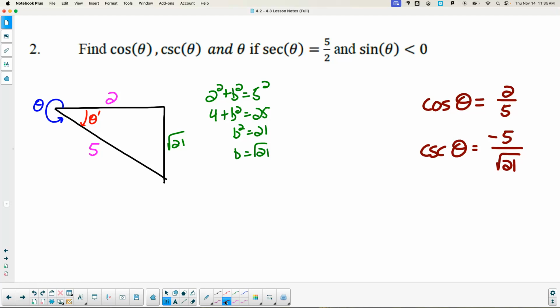Now we just have theta to find. My reference angle is going to be the inverse tangent of opposite over adjacent, square root of 21 over 2.